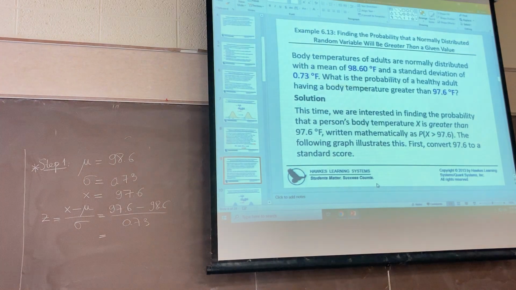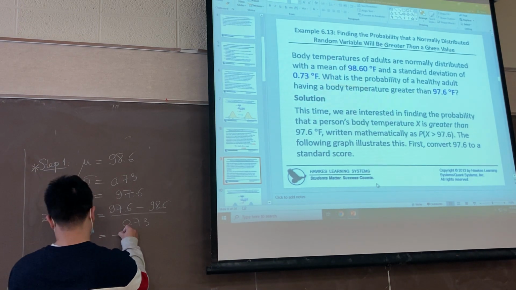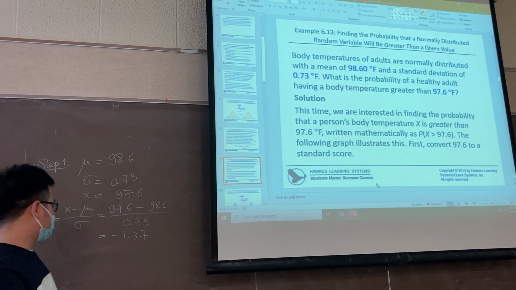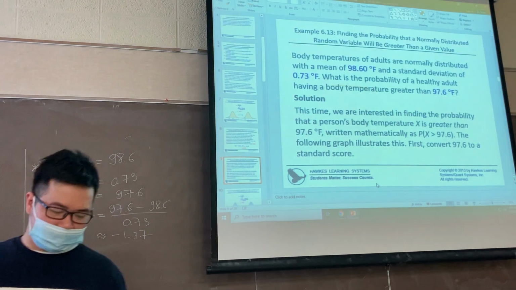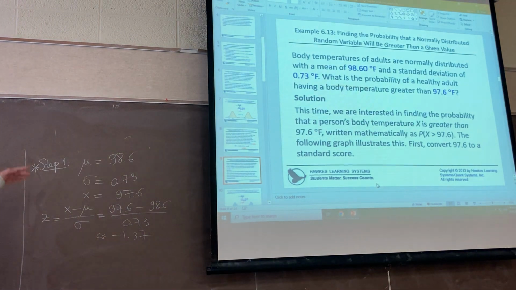And you will get the result here. The result is approximately negative 1.37. That is the first step when you do this kind of problem: change the x value to the z value.